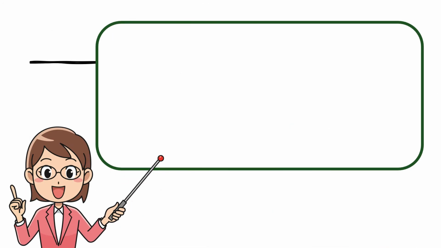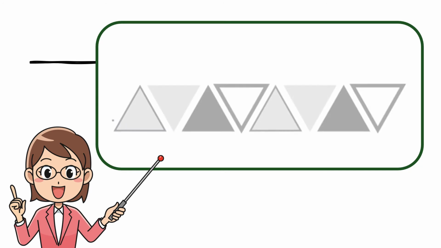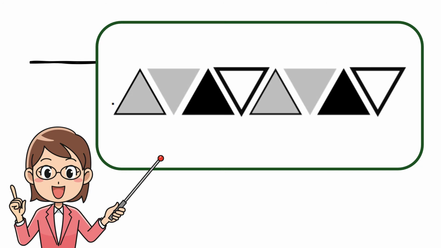Next example we have are the set of triangles. Observe that the triangles are arranged according to their outlines and shades. The first triangle has a bold outline and a lighter shade. The second triangle doesn't have a bold outline but has a lighter shade.